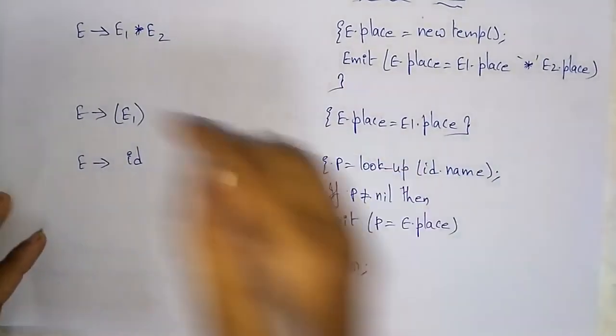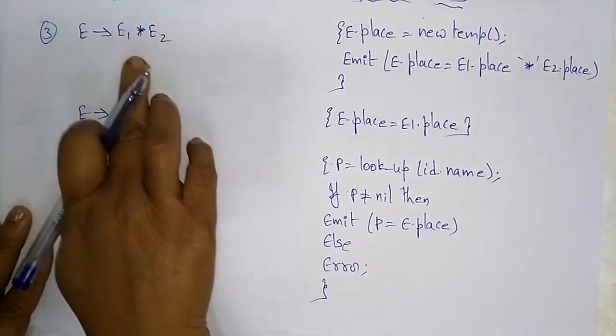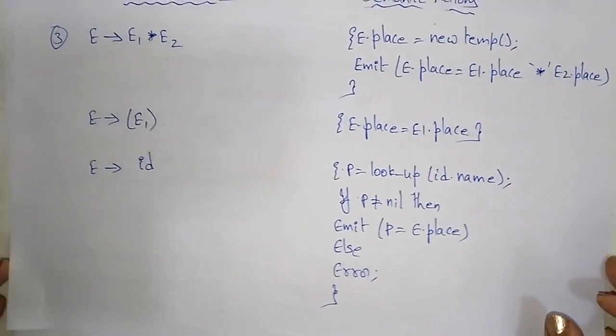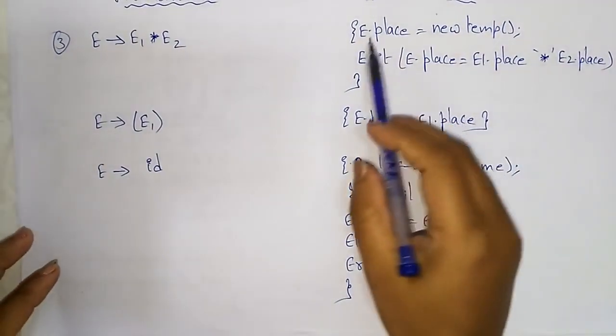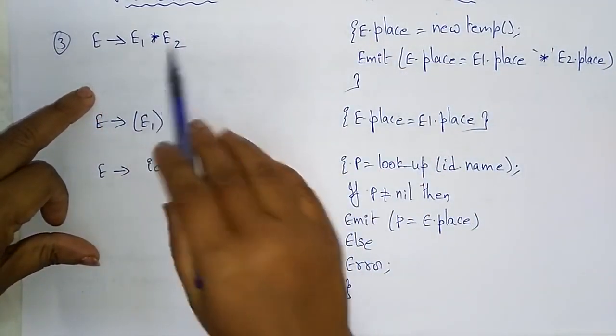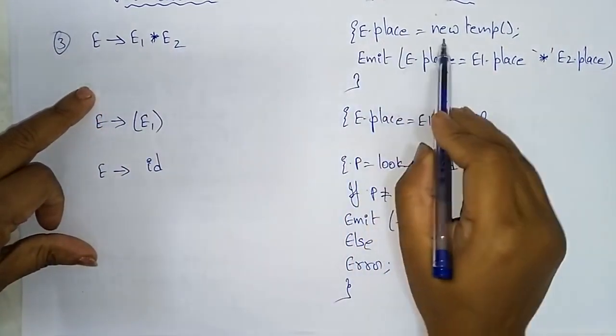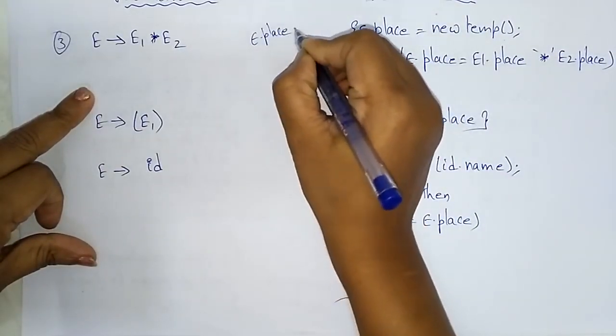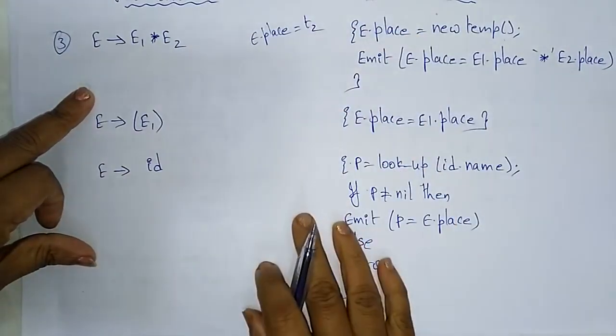Now let's see the third production, E determines E1 into E2. What is the action for this production? Just like E1 plus E2, E1 into E2 is also the same. E dot place is equal to new temp, which means E dot place is assigned a new temporary variable, let's take T2.